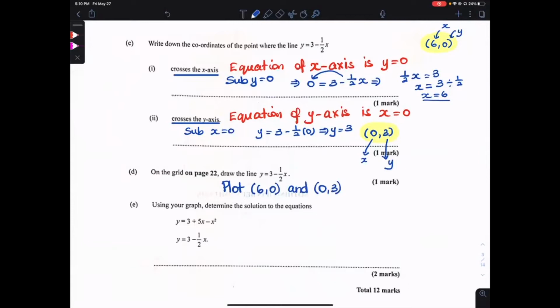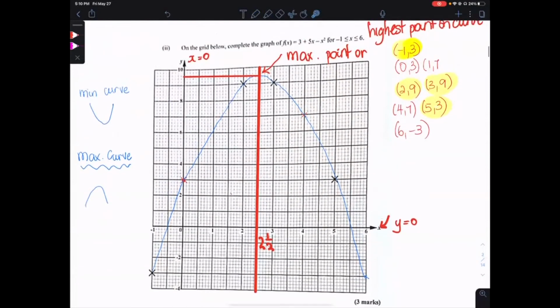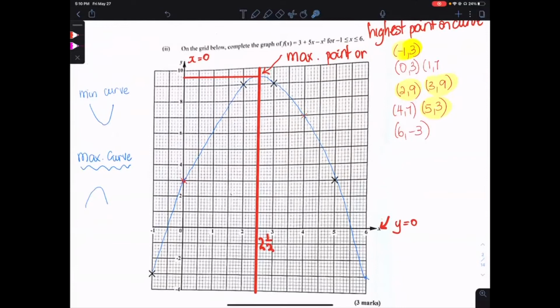And the next one, we want to know where the curve cuts the line for 2 marks. So in this question, there was nothing that we were not supposed to be able to answer. We were supposed to be able to get full marks, right? So let's go to our graph. 6, 0 and 0, 3.